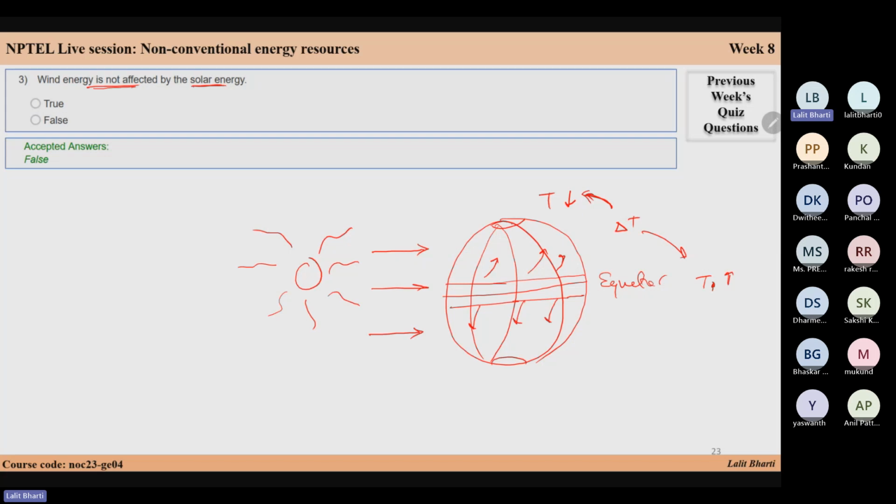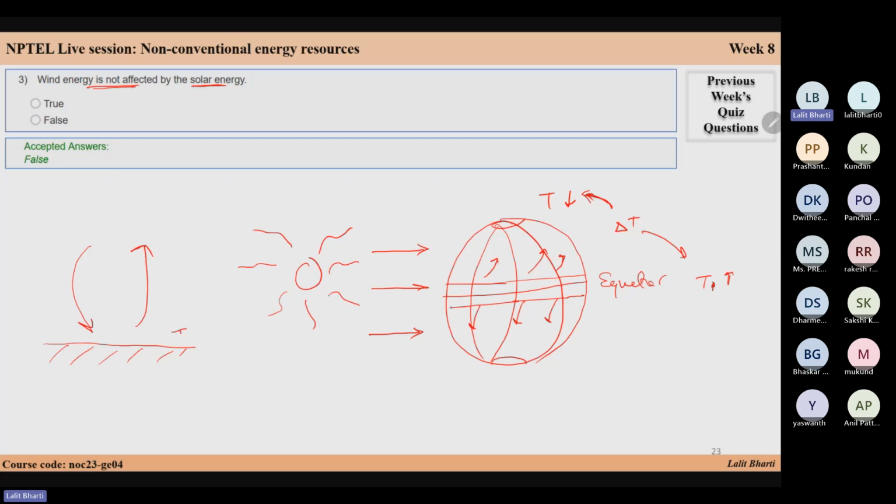This is one region of wind current. Another is the earth surface, which gets heated up, so the heated air comes upward.